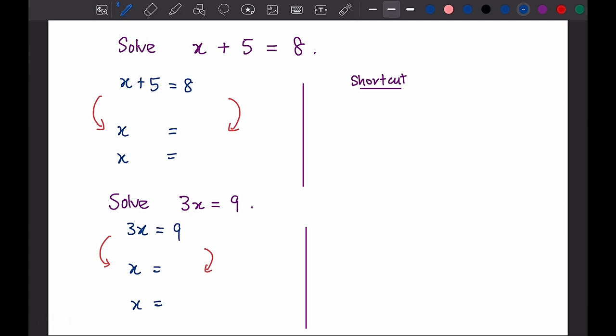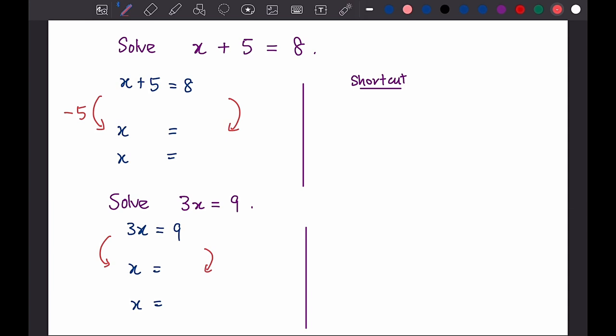Let's say we are asked to solve x plus 5 equals 8. Traditionally, what we would do here would be to isolate the x, and to do that I need to remove the 5 from the left hand side. So I need to think of the opposite to positive 5, and that is -5.